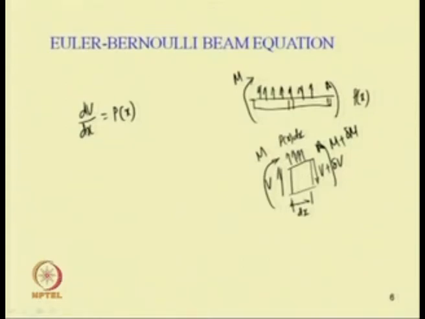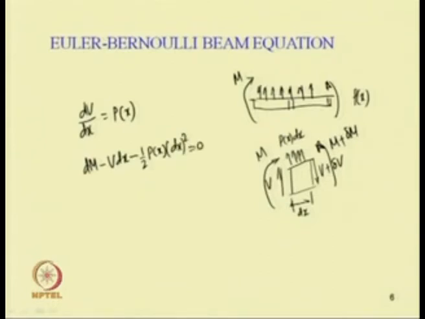So the resulting equation will be dM minus V dx minus half Px into dx square equal to 0.